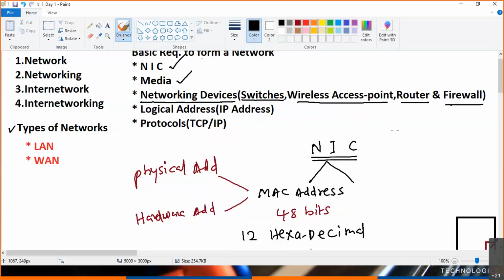If we connect PC to server, server to firewall, firewall to PC, these are all similar type of devices, so all are cross cable only. If we use any switches in between, then straight cable will come. Generally, we don't connect PC directly to server; we have switches in between. If you want to connect directly, then you can use crossover cable.